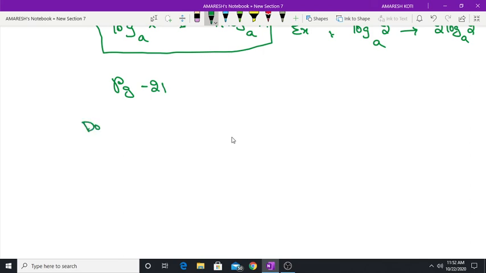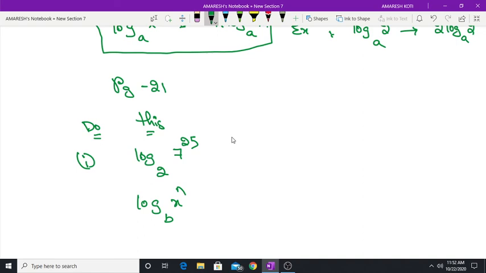Now let's do page number 21. Do this. As usual, I will tell 2 sums. You do another 2 sums as homework. See the first sum. Log 7 power 25 to the base 2. It is in the form log x power n to the base b.